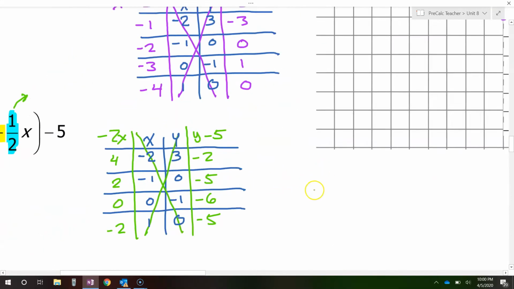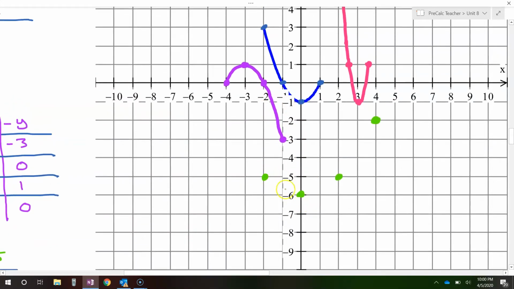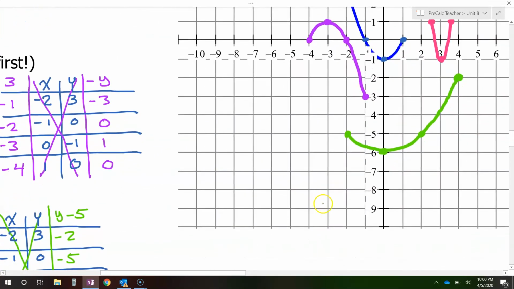And negative 2, negative 5 is going to be right here. All right, so you can see what's happening with our swoop. So let's just go ahead and do our best to connect those dots faithfully. And there you have it. Those are the transformations performed.